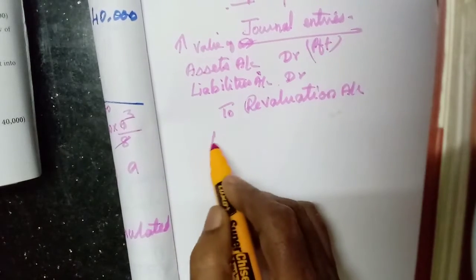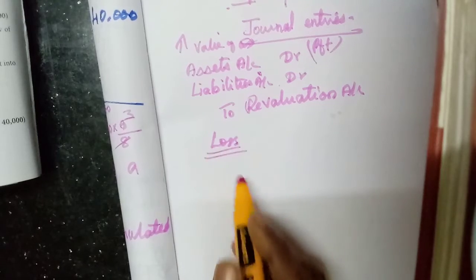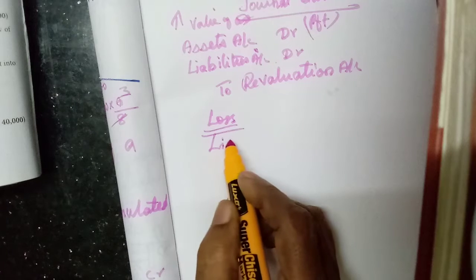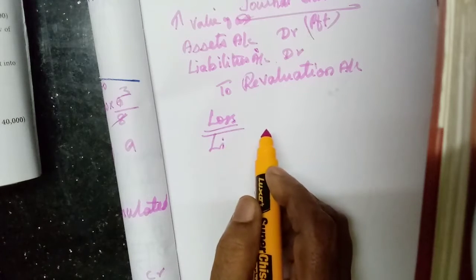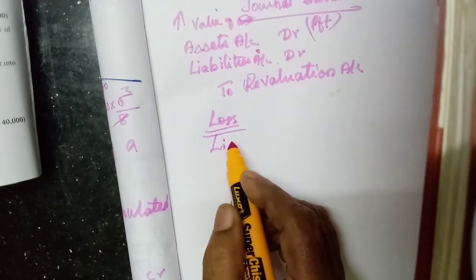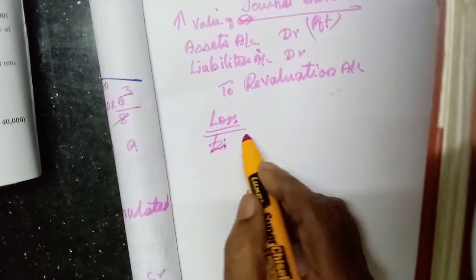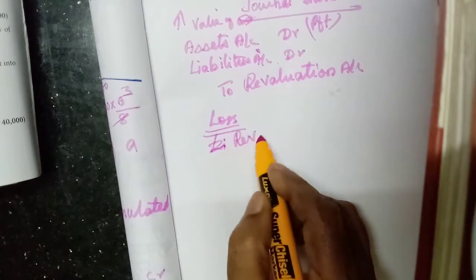Now we are going to see the loss items. Any increase in the value of liabilities, that liabilities account should be credited, and here we have to debit the revaluation account.